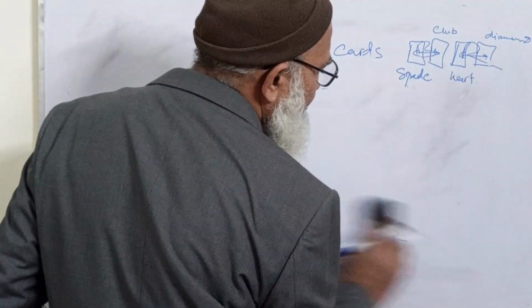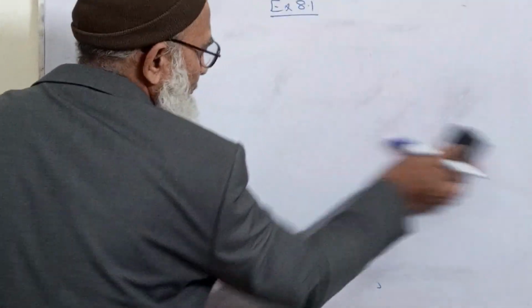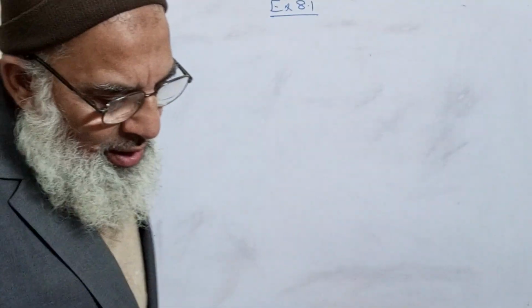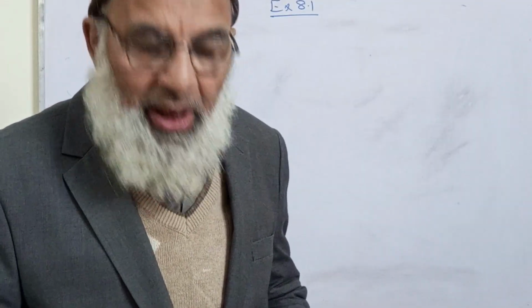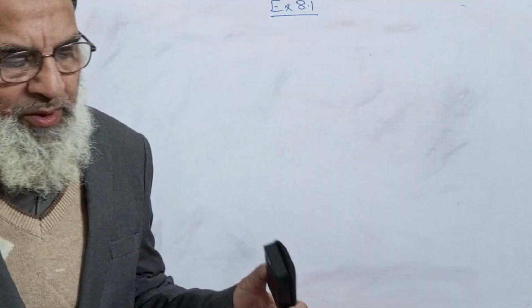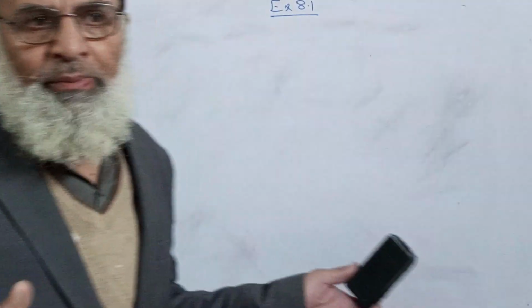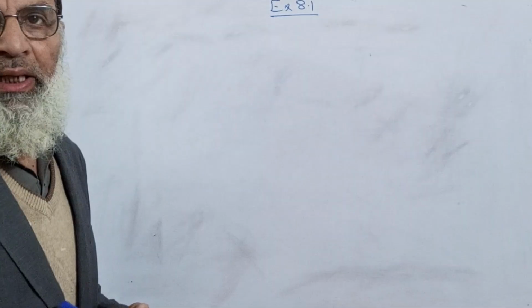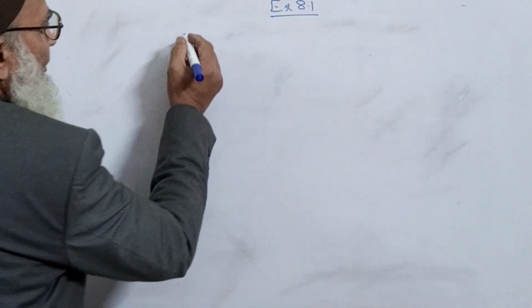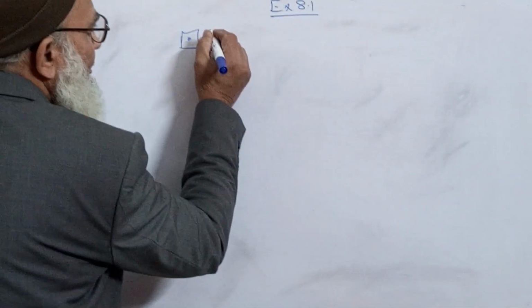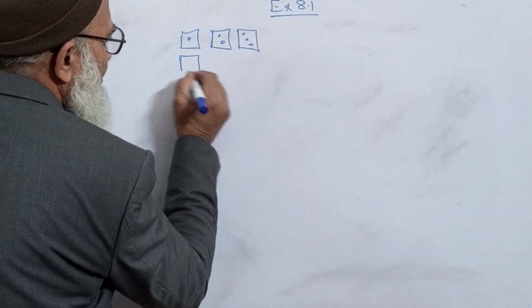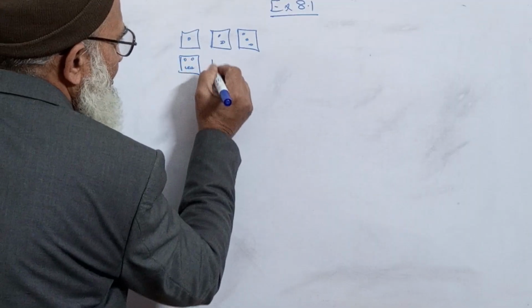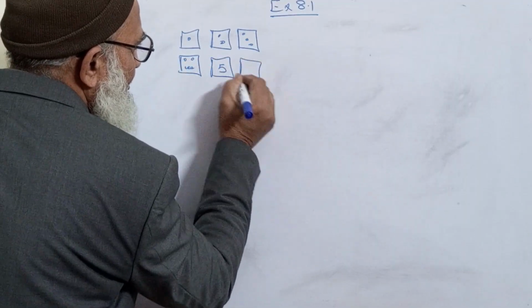Now the example is of a possibility diagram. The possibility space is the set of possible outcomes. For example, we have a die with numbers on its faces; instead of dots, I have just written the numbers.